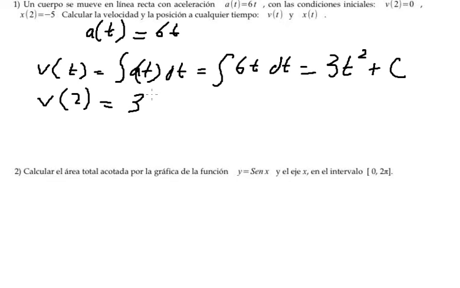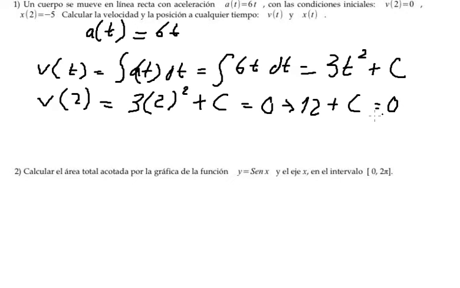So you got 3 multiplied with 2 squared plus c, and this one equal to 0. This one we calculate, you will got 12 plus c equal to 0, and c equals negative 12.